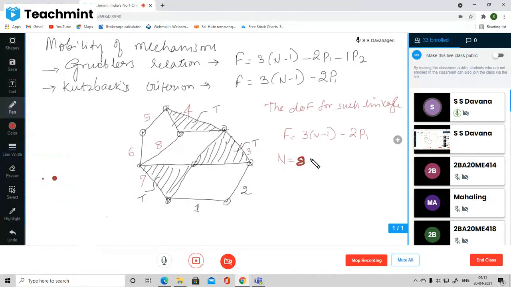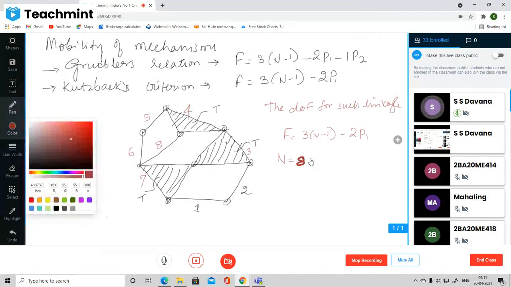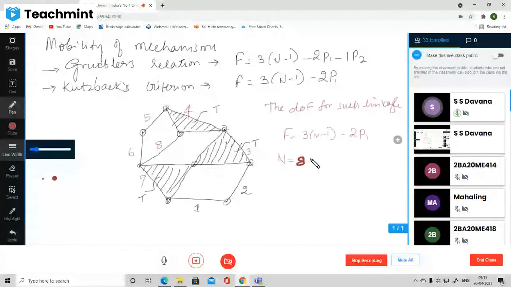Next, you count how many pairs have 1 degree of freedom. Can you count? Now, this is one pair.